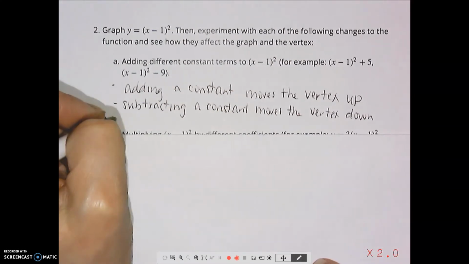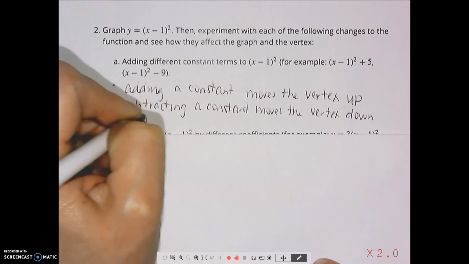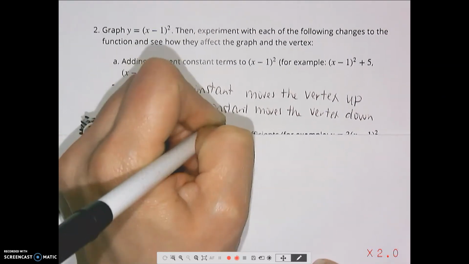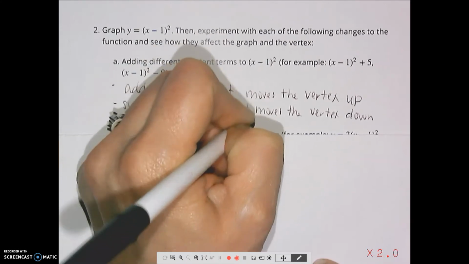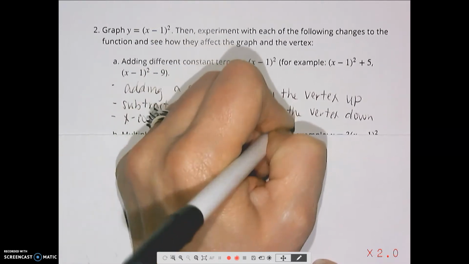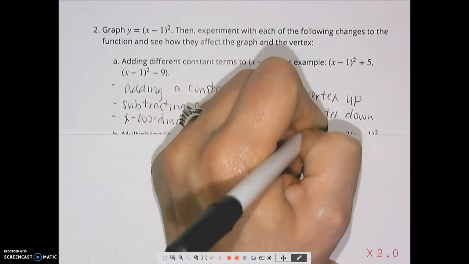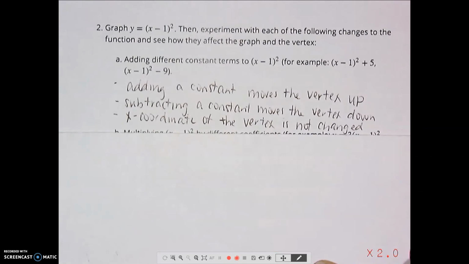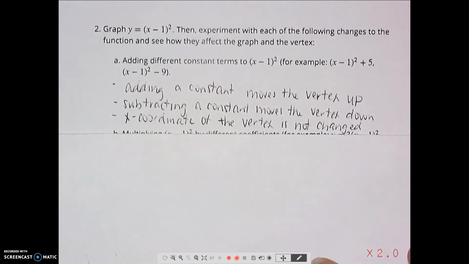And we're also going to say the x-coordinate of the vertex is not changed. So we still had 1 as the x-coordinate of the vertex of all of those. Okay, let's see what our next piece says.